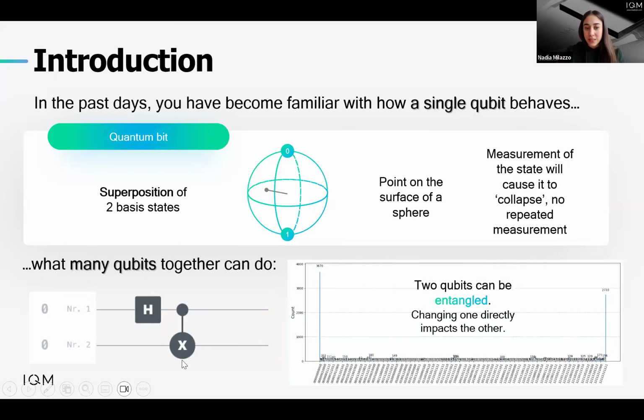We know what this is, this is a CNOT gate, also called CX gate. And we know that these two together, so first preparing a superposition state and then applying a CNOT gate, will give us an entangled state. And this 2-qubit gate here is also called an entangling operation, because it enables entanglement between the qubits.